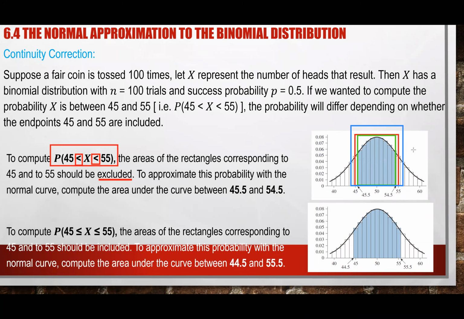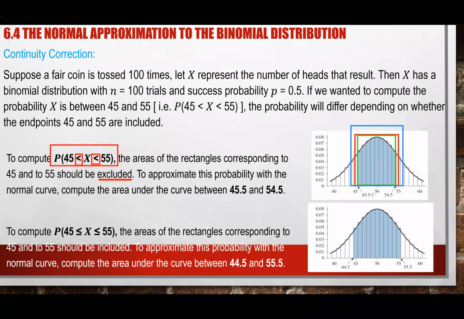The red box is your original 45 to 55. To make it smaller, all we do is move it inward on the two endpoints. If you move it from your endpoint to the left, you minus 0.5. If you move it to the right, you plus 0.5.